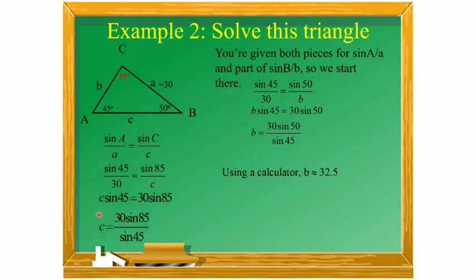We will get C times sine 45 is equal to 30 times sine 85, and then divide both sides by sine 45. We will get C is equal to 30 times sine 85 all over sine 45. So what is the value of C now?